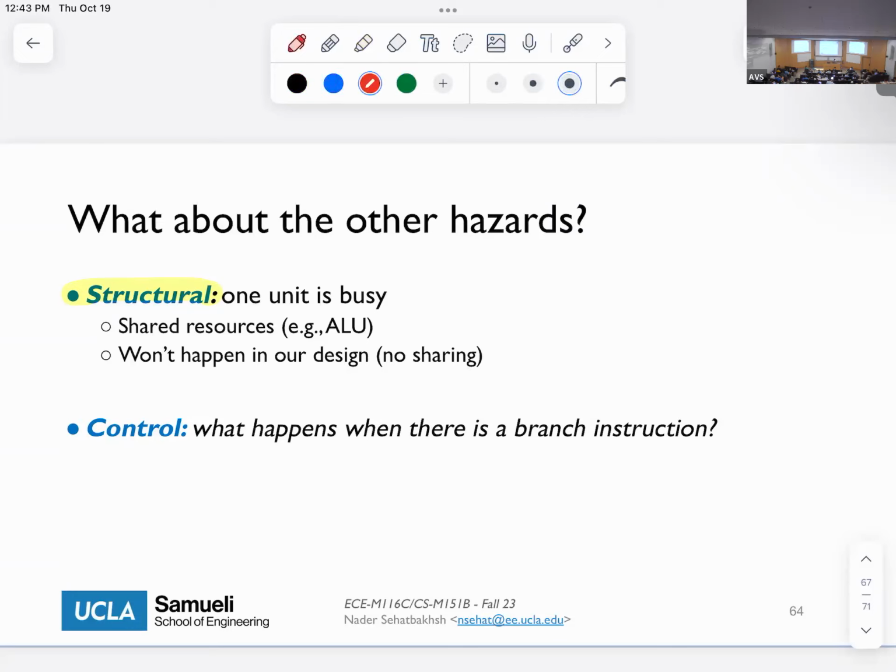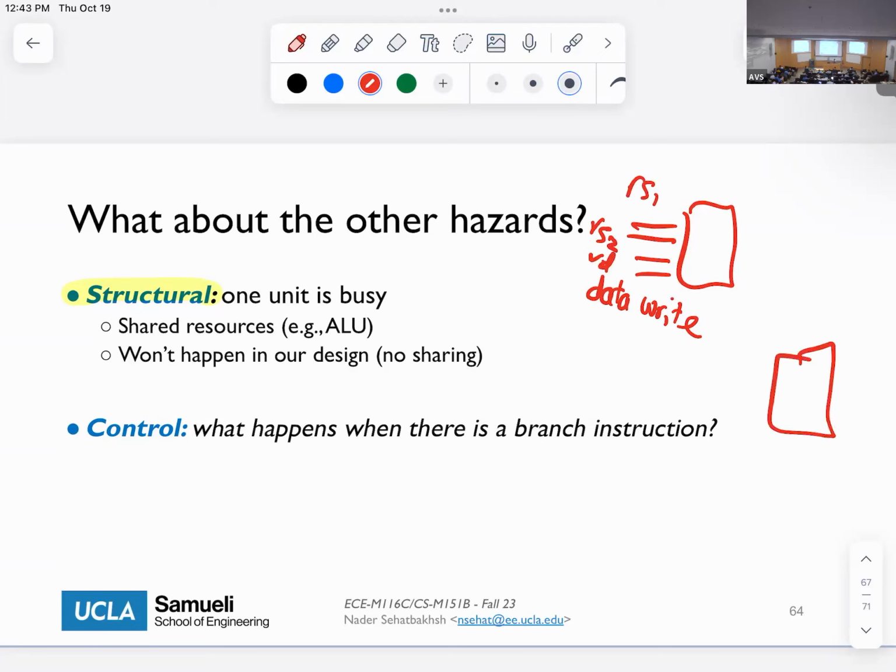Again, for example, remember our register file is like this, right? We have RS1, RS2, RD, and data for writes. So I have 4 different independent inputs. But for a moment, think about if I had designed this such that I only had 2 ports.